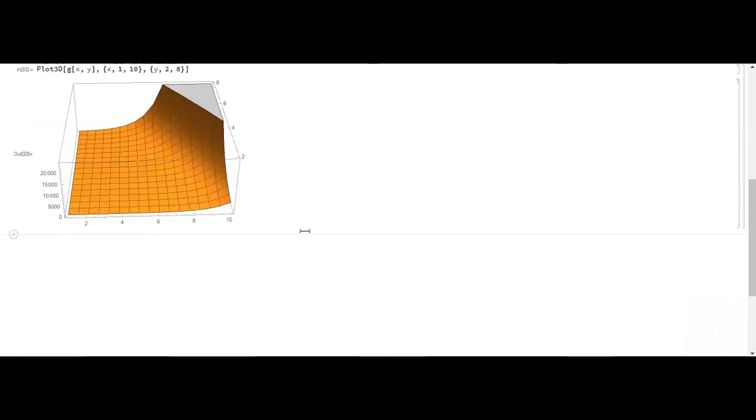So now let's look at another example of plotting. This time I'm going to call my function capital G, and instead of xy, I want to write p and q. So p and q, I want to define as p times sine q plus q squared p cubed minus 6q.